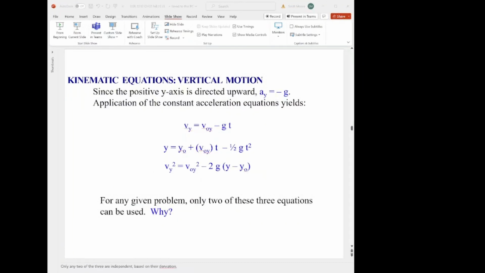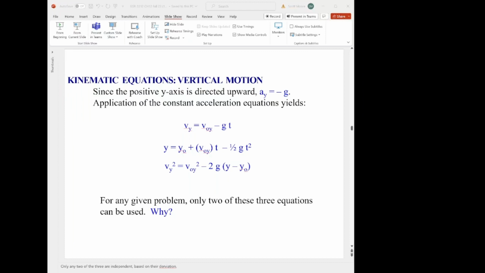Okay, now we have the kinematic equations for vertical motion, right? In this case, it differs from our horizontal motion equation, where we have some acceleration, and this is gravitational acceleration working against our motion.